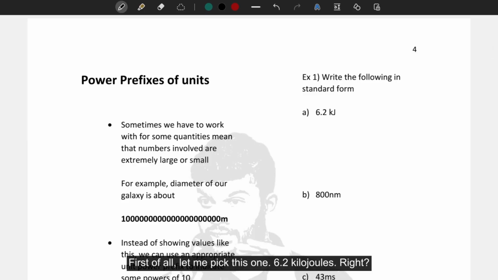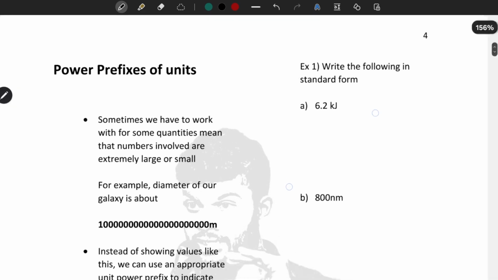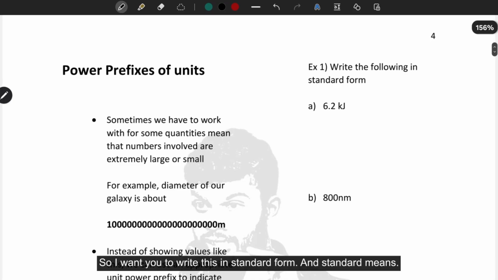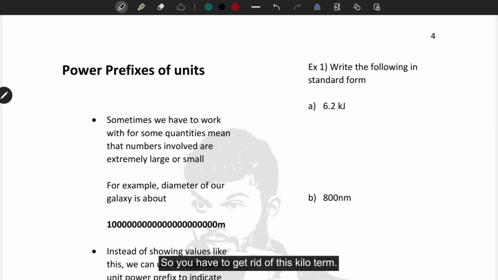Let me pick this one, 6.2 kilojoules. I really want you to write the following in standard form. Standard means you have to get rid of this kilo term. You are not supposed to keep it anymore.